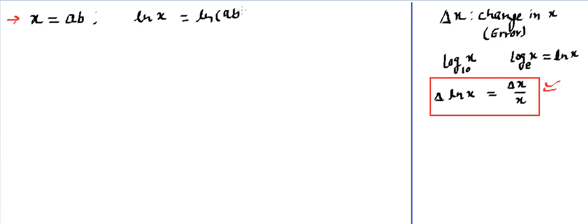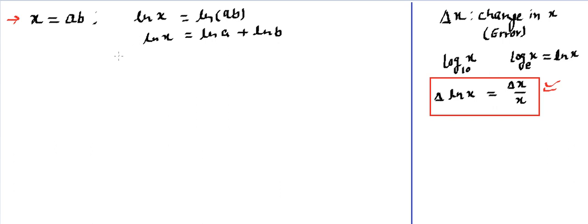Log has many properties you will be learning, or might have learned. So ln of a into b can be written separately as ln a plus ln b. From here we get ln x is equal to ln a plus ln b. So we apply the logarithm function on both sides and write it in this manner.